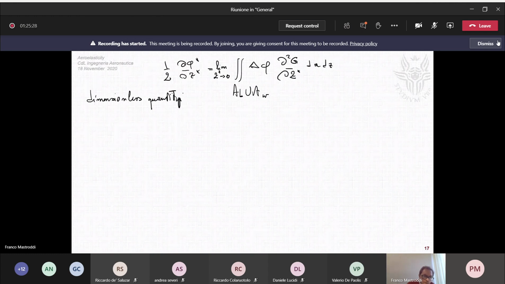Quantities, plural. So having an n-dimensional velocity potential, which is equal to the dimensional one divided by L infinite, we can introduce this, the normal wash. We know this as the normal wash.